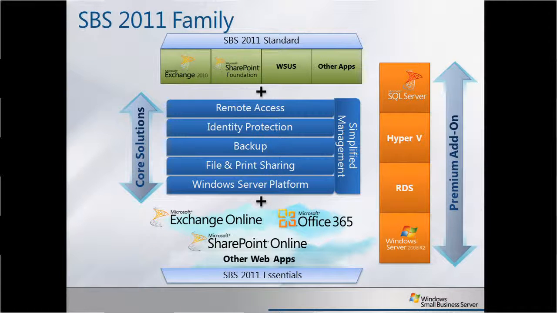How do you take that and just migrate SBS out and put Windows Server in and still keep that togetherness and connecting? We'll provide a lot more guidance around that after the GA of Office 365.